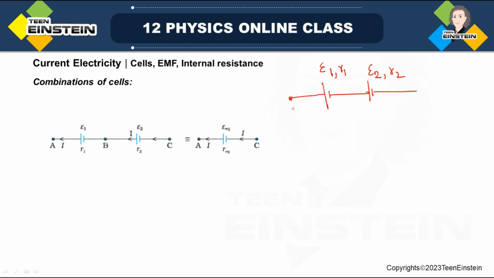I have three points here: this is A, this is B, this is C. I have to find out the potential difference between A and C. That is what I need to find out. So to find this out, look at what we have to do.